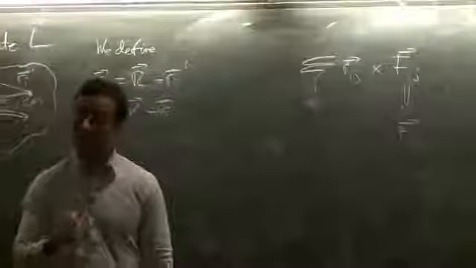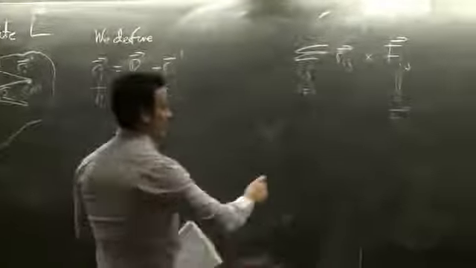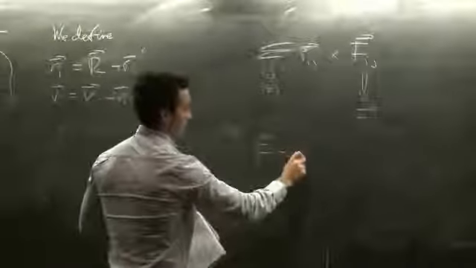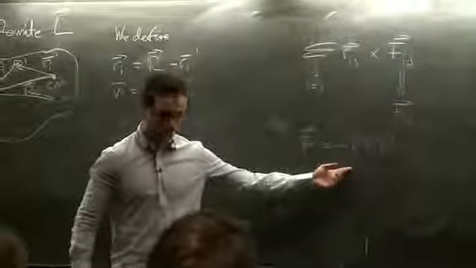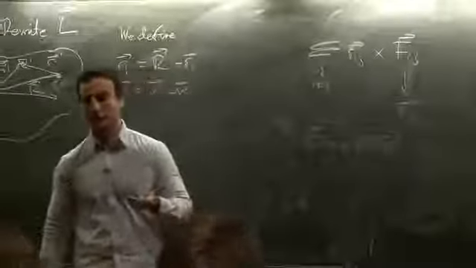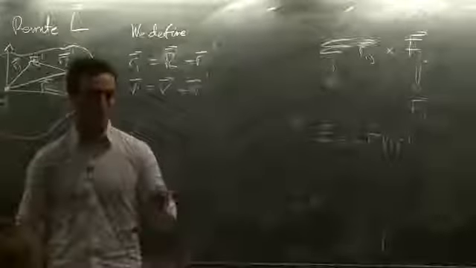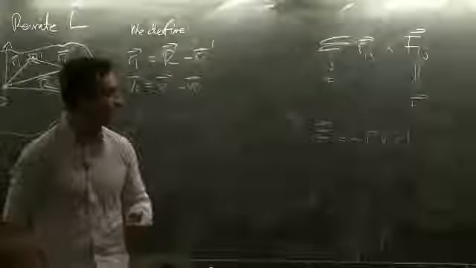And when I was discussing conservative systems, I wrote that for conservative systems, the force can be written in this way mathematically due to this property that the closed loop integral from one point to the same point has to be 0.